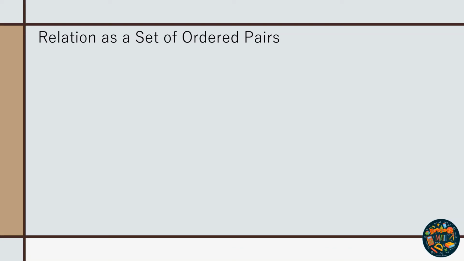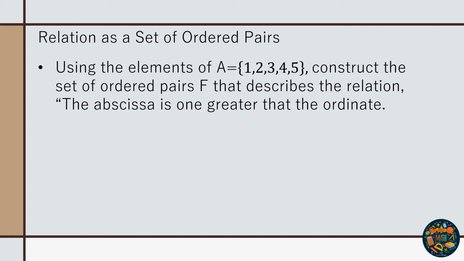So let's have here an example. Using the elements of A, 1, 2, 3, 4, 5, construct the set of ordered pairs F that describes the relation. The abscissa is 1 greater than the ordinate. So, ibig sabihin, gagawa tayo ng set of ordered pairs na kung saan ang x or abscissa or domain na tinatawag natin ay mas mataas ng isa kaysa sa y o sa ordinate gamit ang mga numbers na 1, 2, 3, 4, and 5.